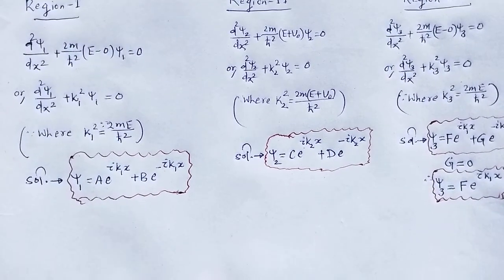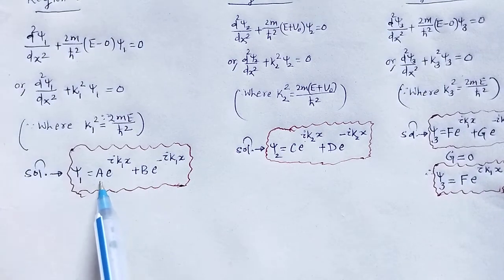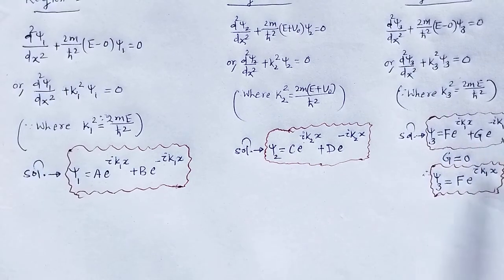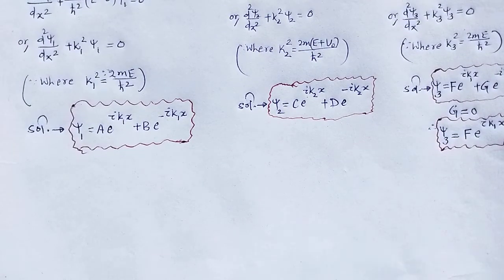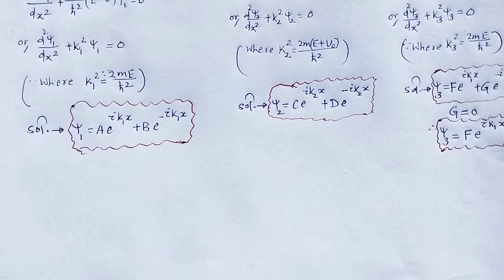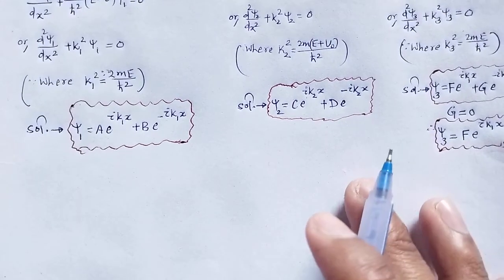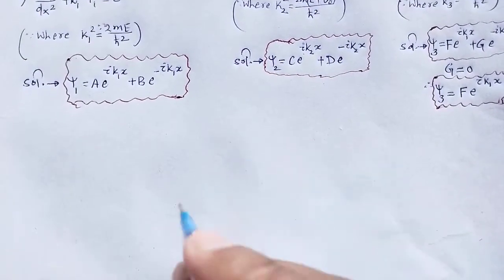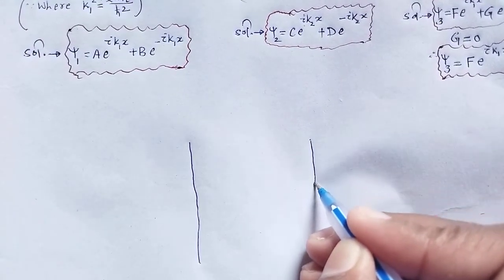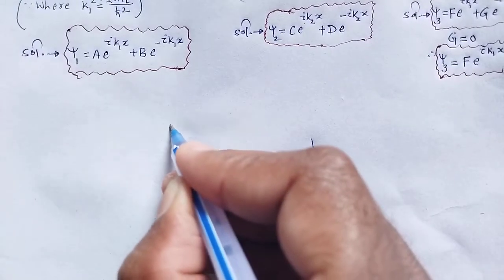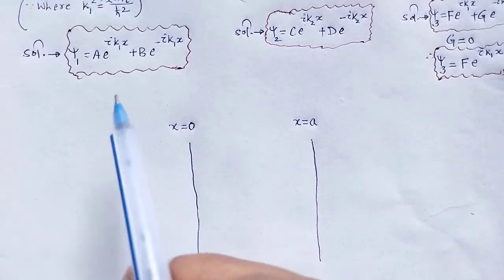Hence, what do these terms A, B, C, D, F indicate? We use this region in between x equal to 0 and x equal to a.